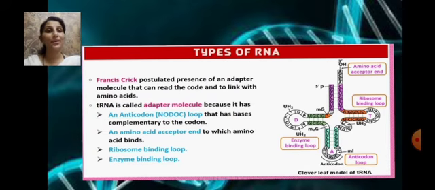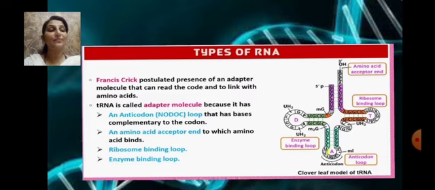Why? Because in the structure of the tRNA, we can see it has three loops, and this is an additional fourth loop. This loop is called the anticodon loop. This anticodon loop has a specific function.